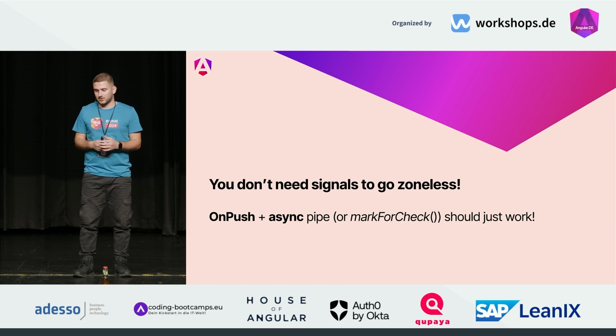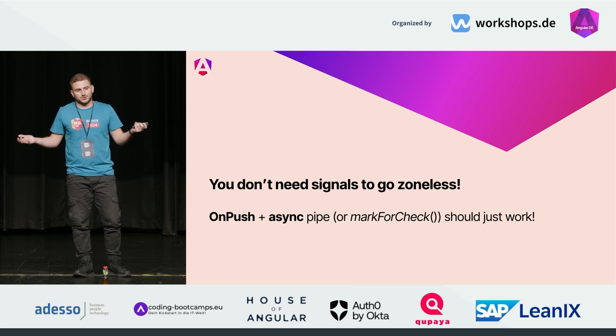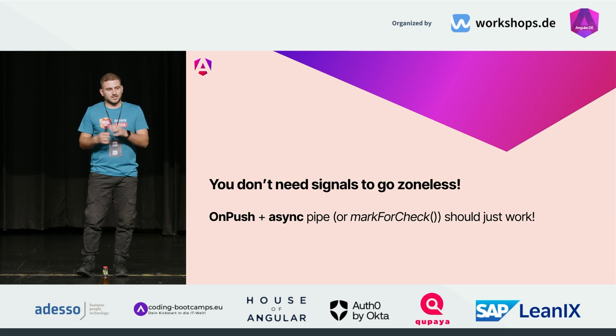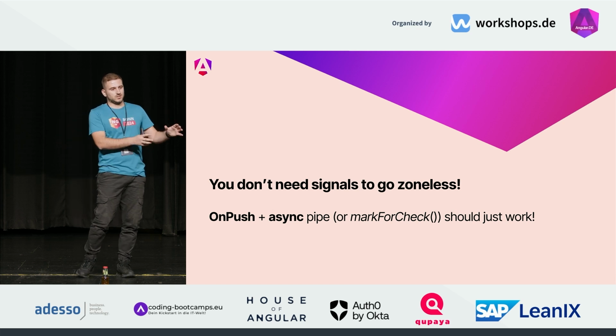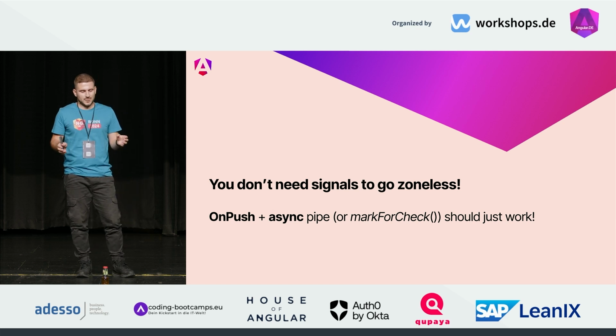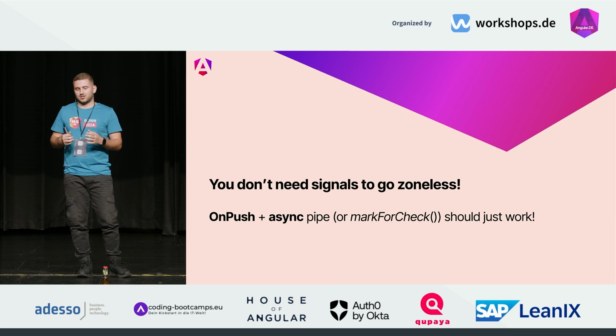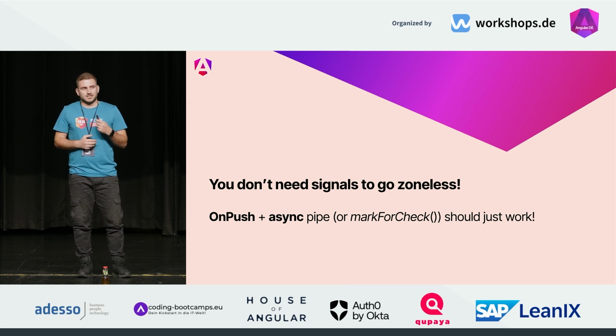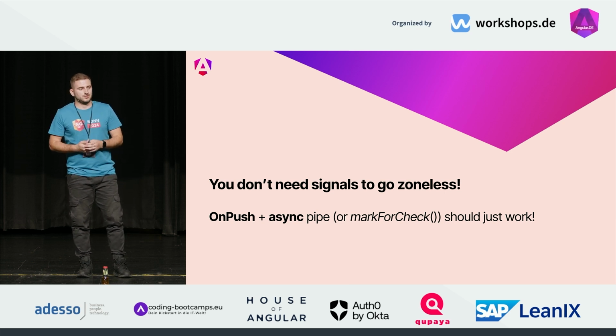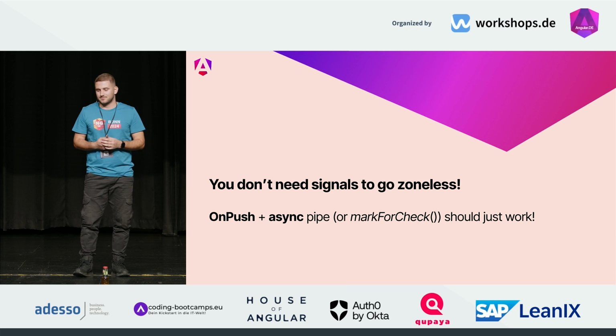You can just go zoneless, because that's all you need to go zoneless. So this signal thing and zoneless are two different things. And they are great when they are used together because of better developer experience, but they are not, let's say, required to be used together to bring zoneless to your apps.